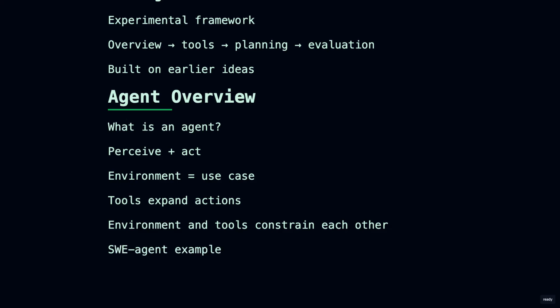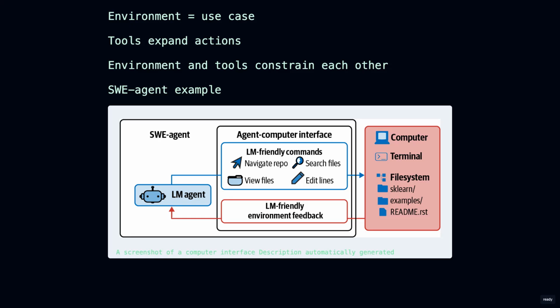This example shows a coding agent working inside a computer. Its world is the terminal and file system, and its tools are practical coding actions like searching, viewing, and editing files. Notice how the interface is centered on code and file navigation.